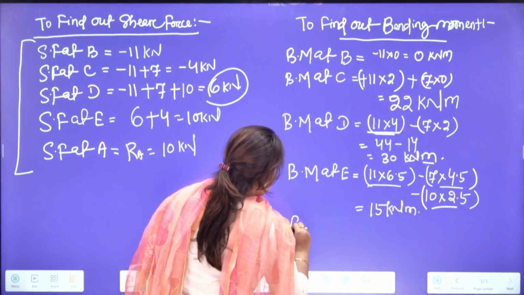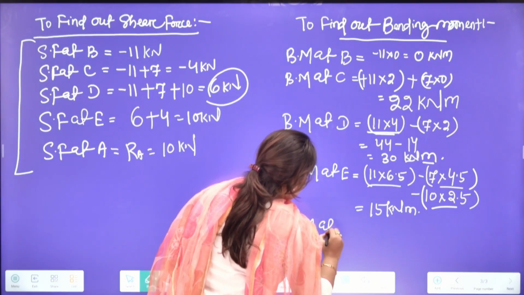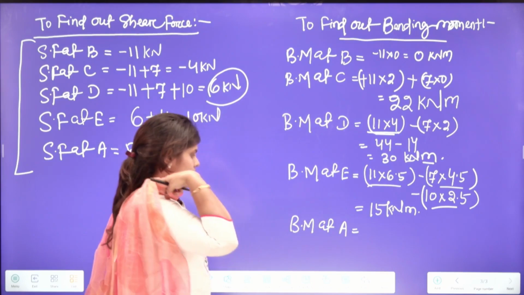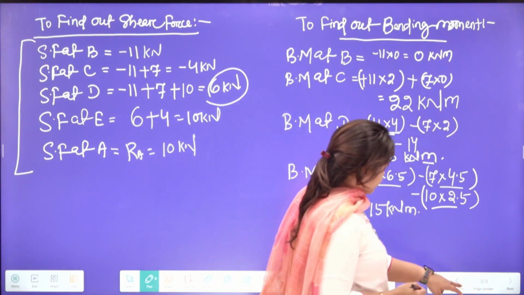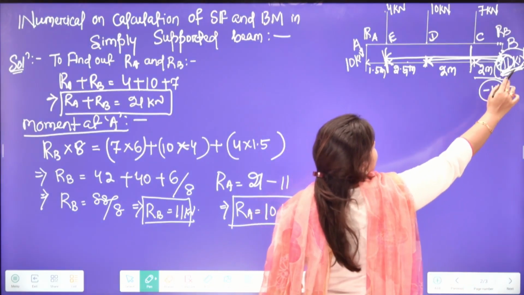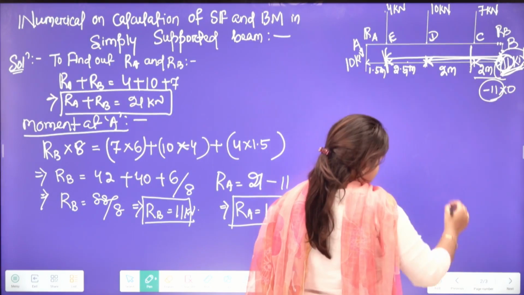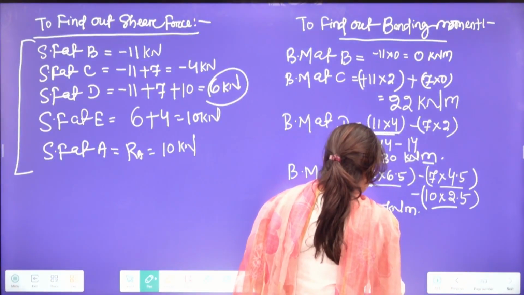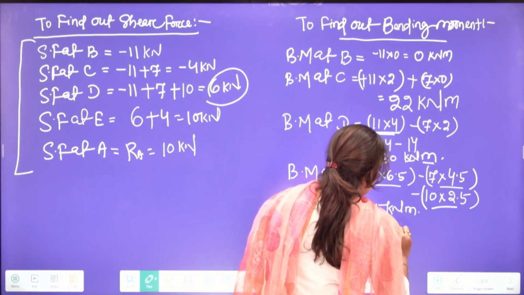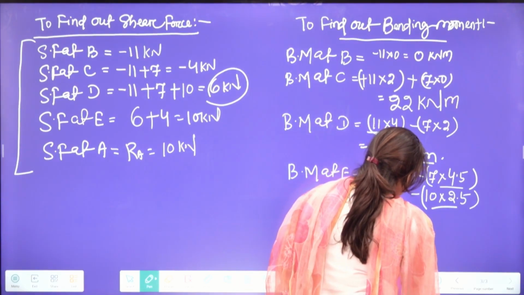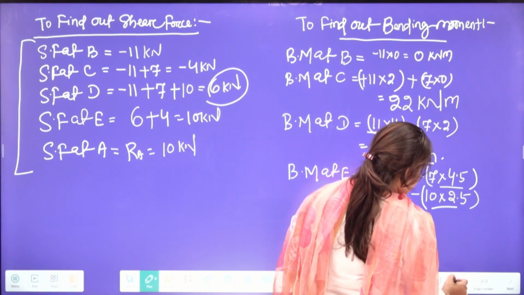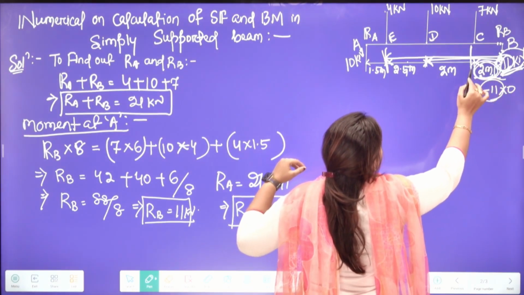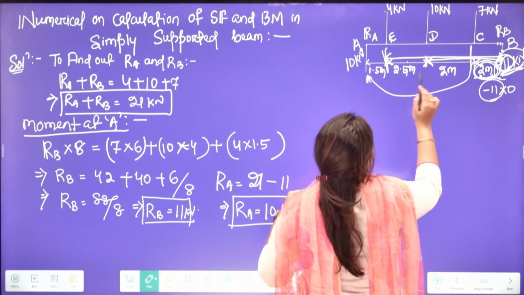Okay. So bending moment at A will be this whole 11 multiply with 8 minus 7 multiply with this to this, just minus this 2 meter and this whole 4 plus 2, 6.